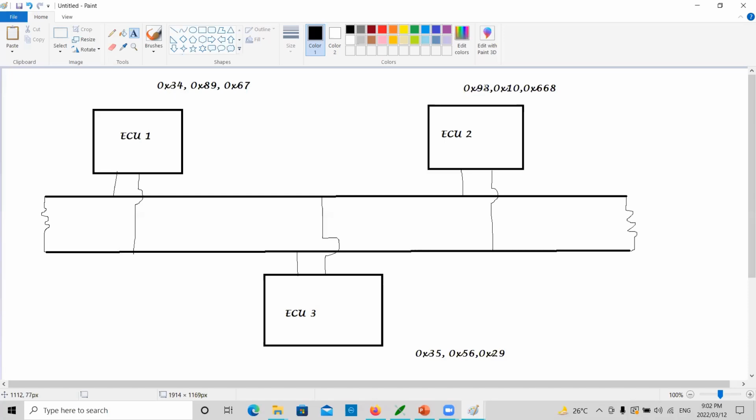Here it is 34, here it is 98, here it is 35. Now the arbitration should happen only among these three messages, not for all messages or only the least messages. Those things are not correct. Whoever is at the top of the queue, among those messages only arbitration will happen, based on the identifier of the message.